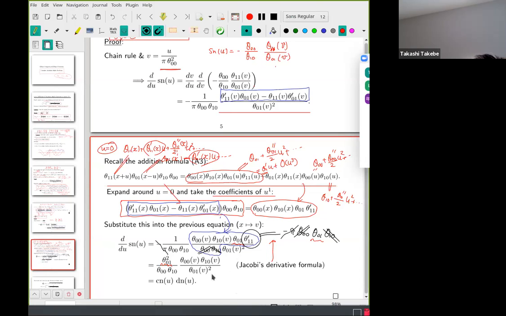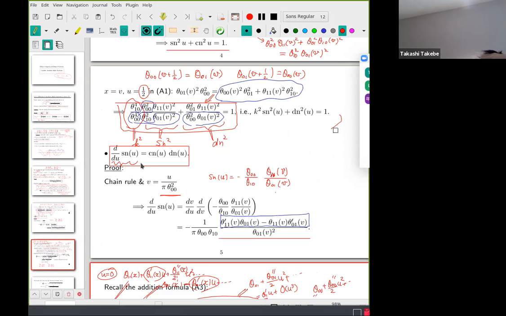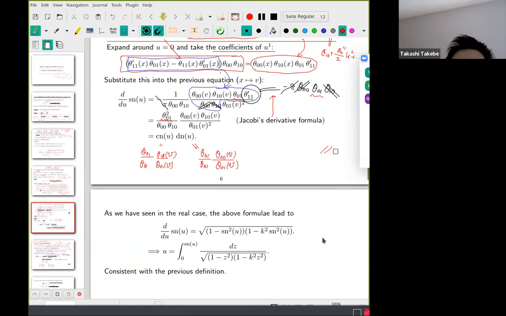So we get this expression, and this is a product of Cn and Dn. So that's the proof of this differentiation rule. Okay.